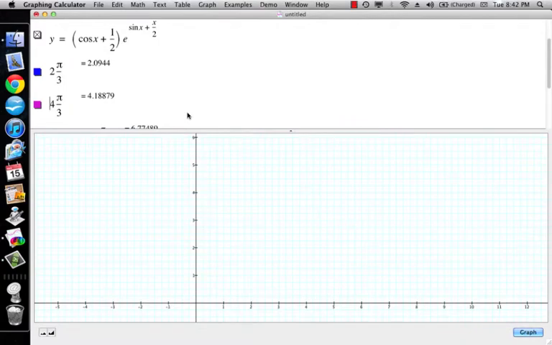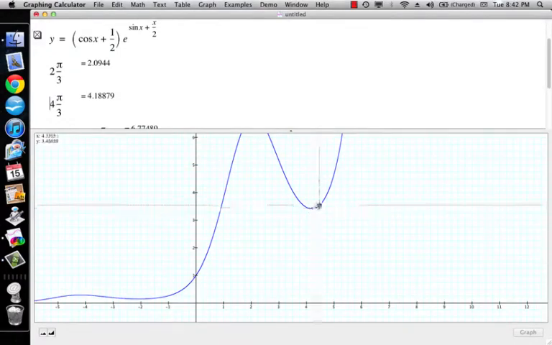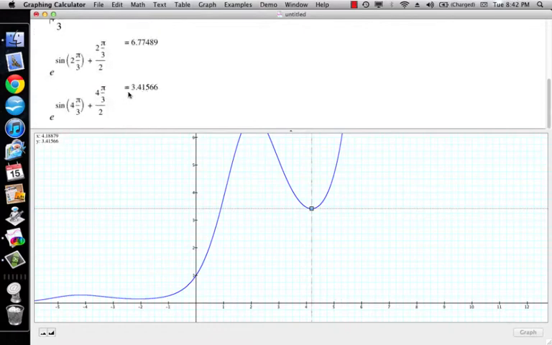Okay. So what I'm saying is that this point there should be 4.1879, which is right there, comma 341566.